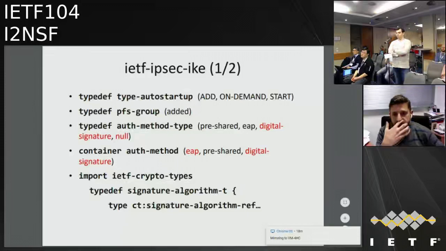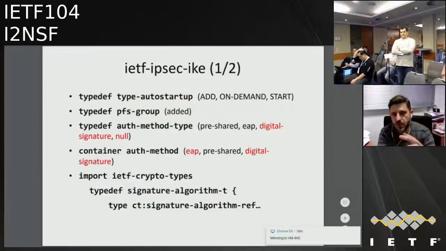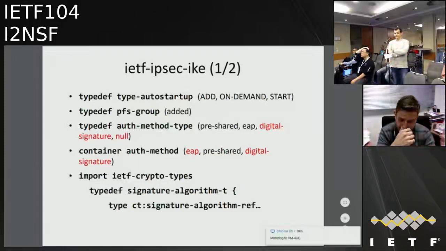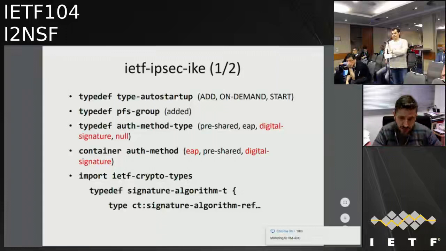Also, from other comments, we have defined another typedef about the authentication mechanism based on pre-shared keys or EAP, or in general, digital signature could be used, RSA or DSA or even null. And also using this typedef, we have a container, which is an auth method that includes that information using authentication based on EAP, pre-shared, or digital signature.